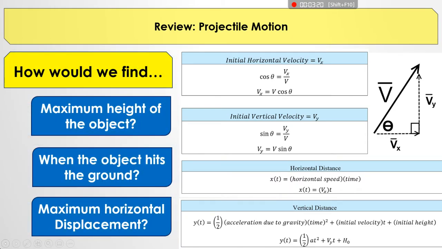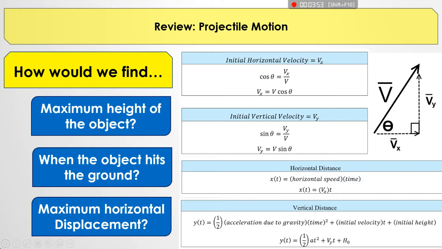Okay, so going back from last time again, can someone tell me how I would find the maximum height of the object? Set the speed to 0, and then solve for the distance. Okay, you're right, but we need to be a little bit more specific because we've got 2 different distances, which means we'll have 2 different speeds.